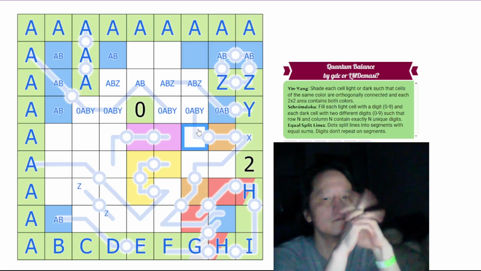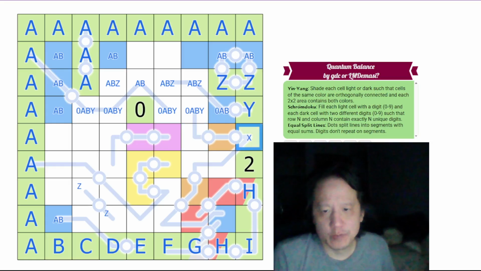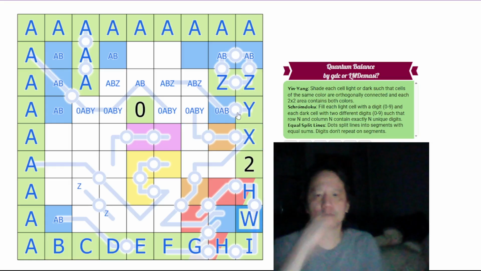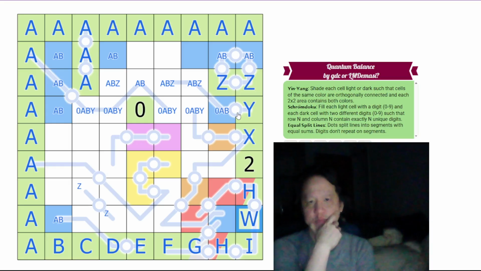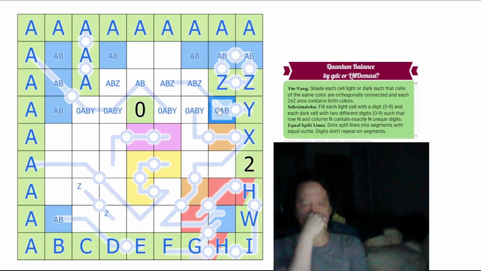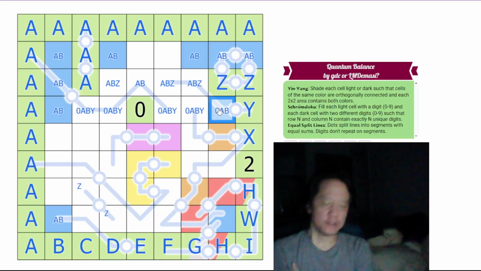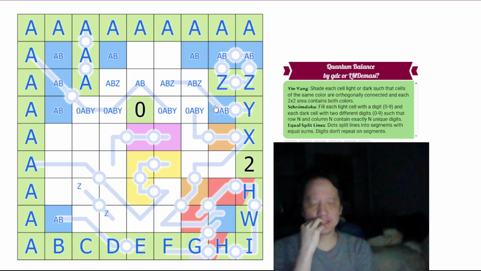So this would be X, this would be W. So that's assuming this is, yeah. This would be AB. This would probably be 0. So could it be A and B?